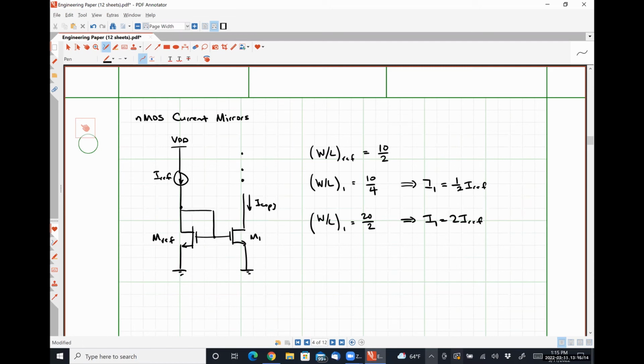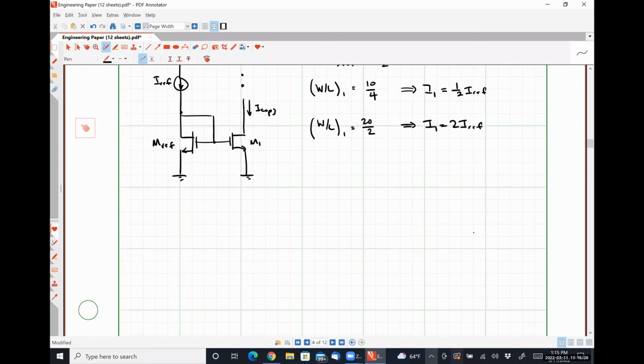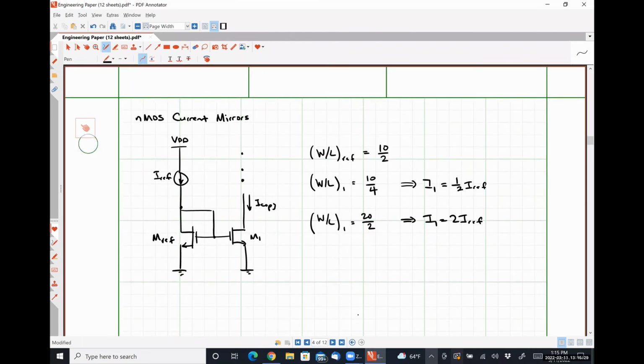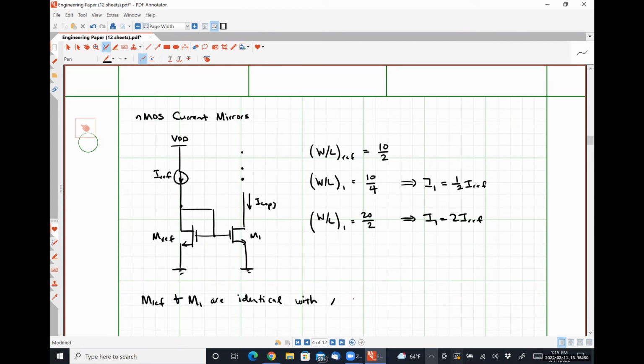All right, so now let's talk about quantifying that error. Let's say that we have, actually, let's just leave this as it is. Let's say MREF and M1 are identical, with lambda not equal to 0, meaning there is going to be some channel length modulation effect.